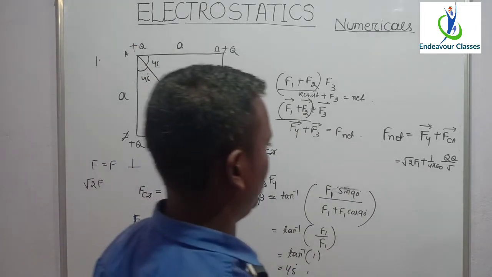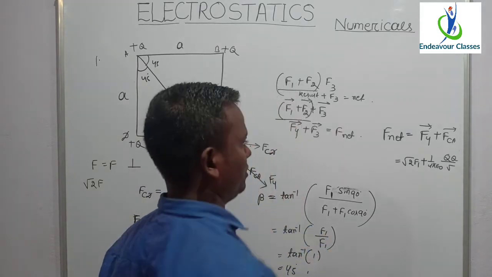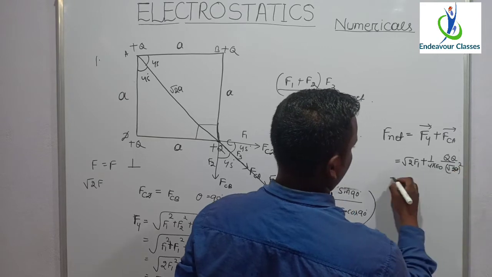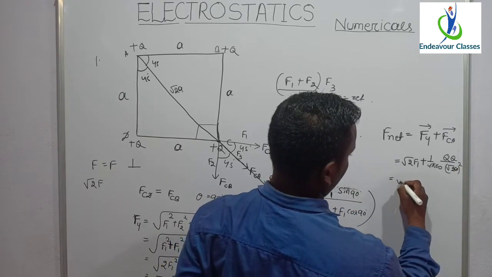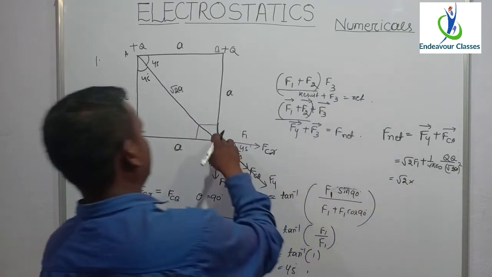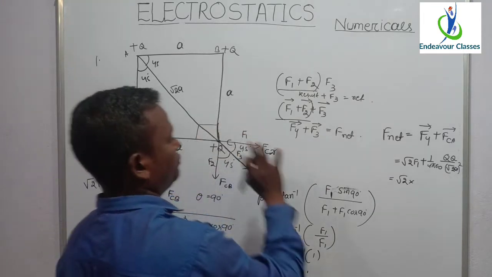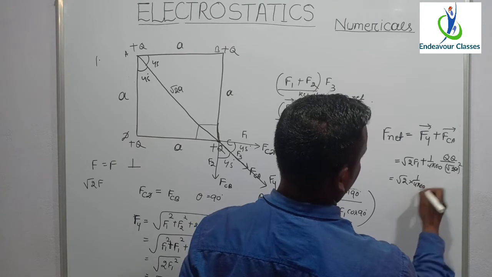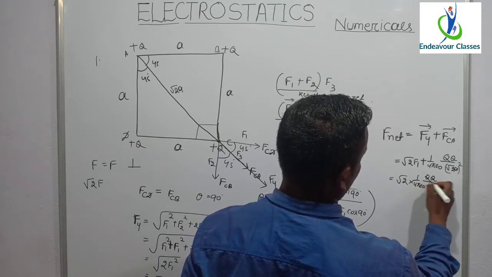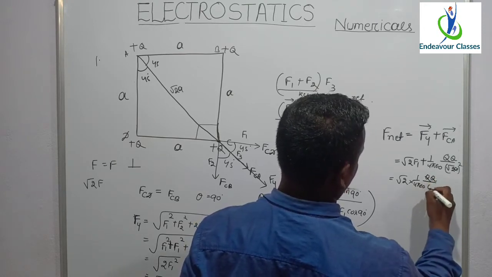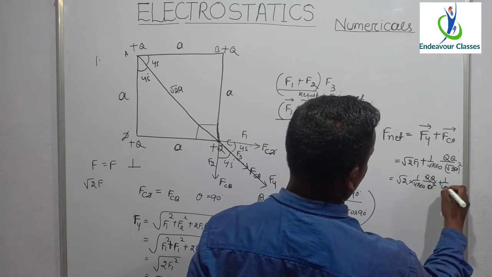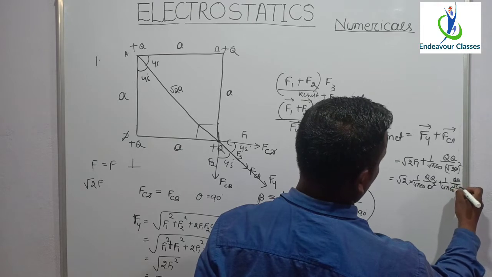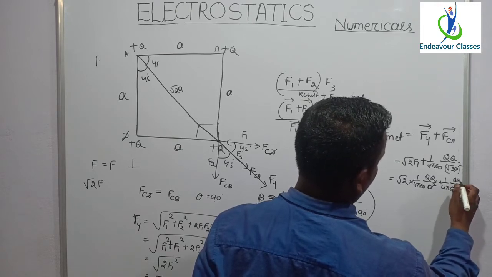So this is the diagonal of the square, so it is root 2a, and it is root 2a whole square. So that will give us root 2 into F1, the force between these two, which is 1 by 4 pi epsilon naught capital Q Q by a square, plus 1 by 4 pi epsilon naught Q Q by root 2a square.